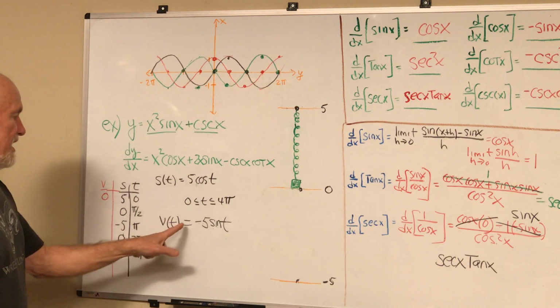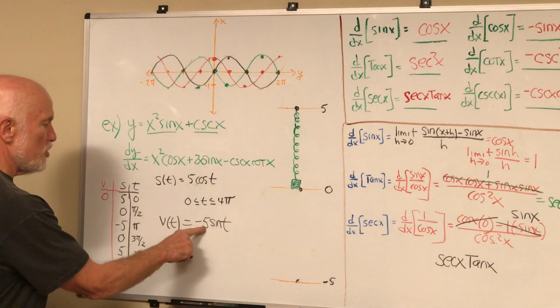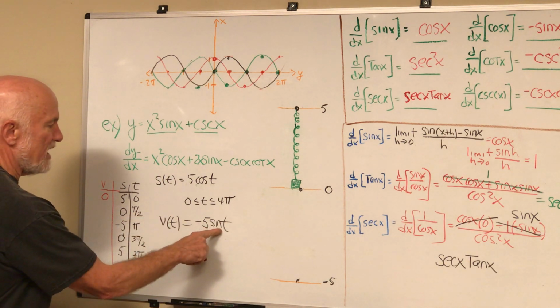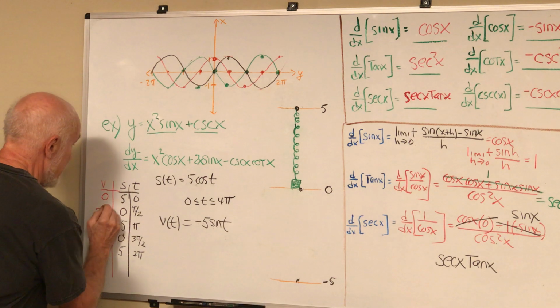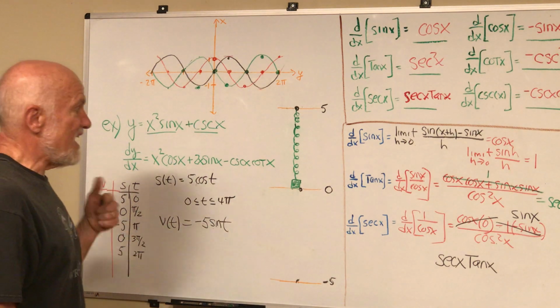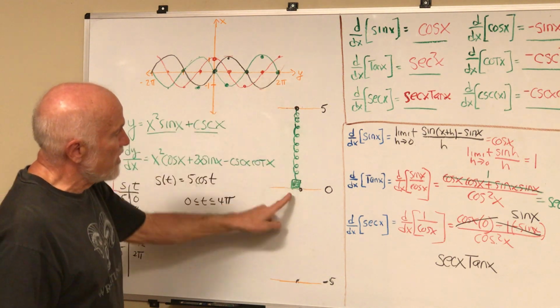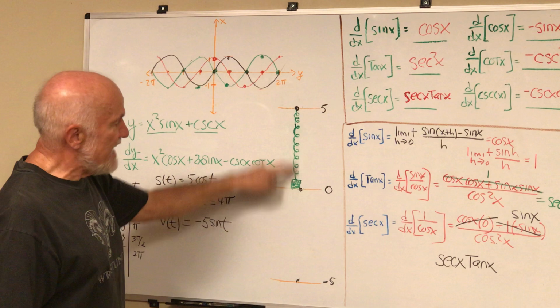And then the maximum speed is going to happen at pi over 2. You get -5 times the sine of pi over 2, it's actually the minimum velocity. It's at the maximum speed, but it's going at -5 because we're considering up to be positive and down to be negative.